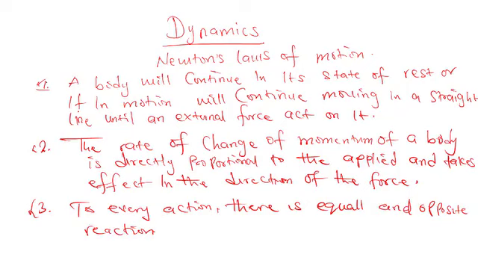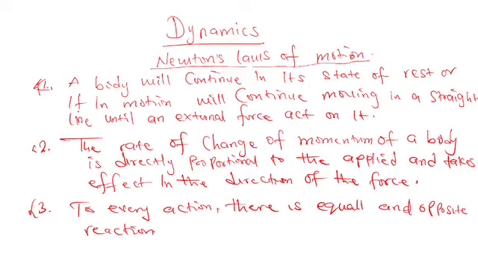These are the three laws that govern dynamics, and were propounded by Sir Isaac Newton. Now, the first law of motion, which is also known as the law of inertia, states that a body will continue in its state of rest, or if in motion, in uniform motion, will continue moving in a straight line until an external force acts on it.